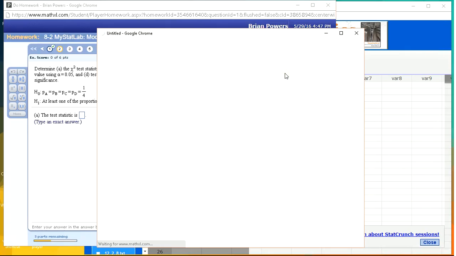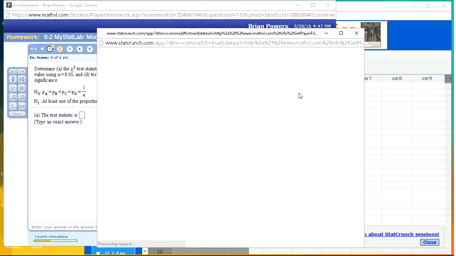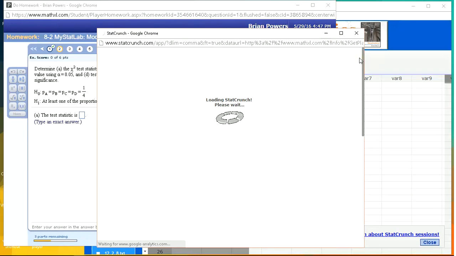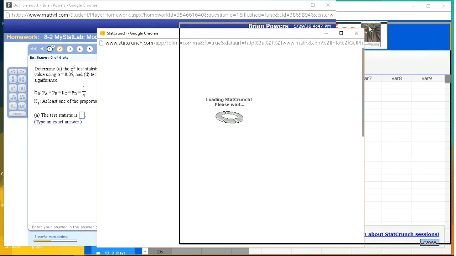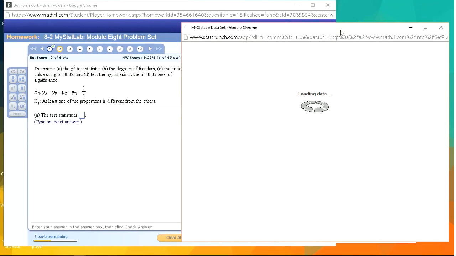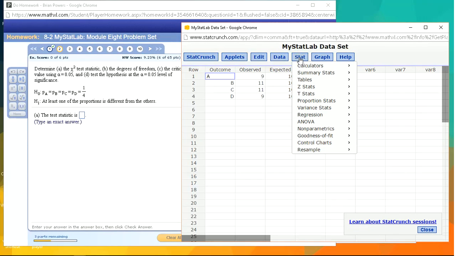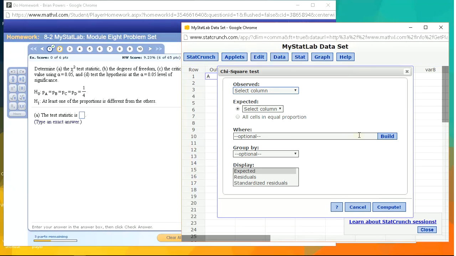So let's run the goodness of fit test in StatCrunch. Stat, goodness of fit test, chi-square, observed in the observed column, expected in the expected column, and let's compute.